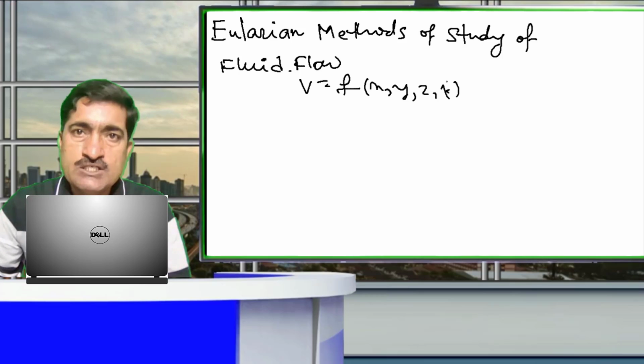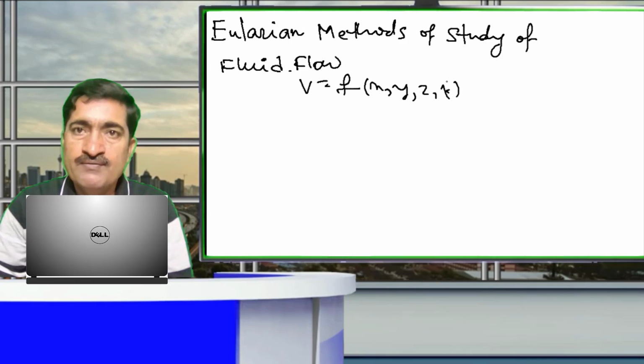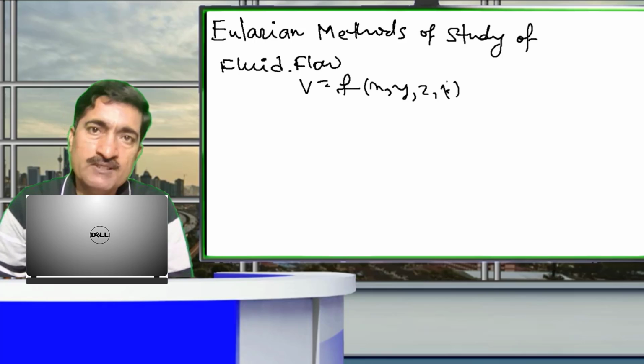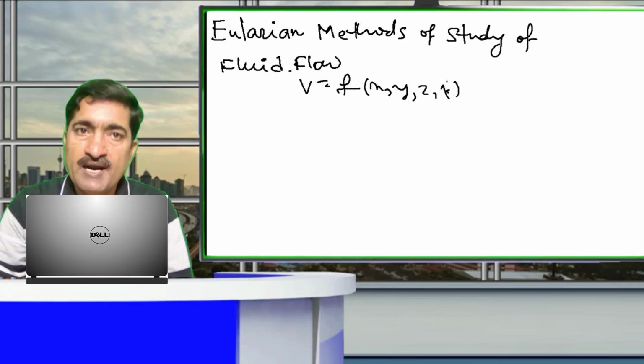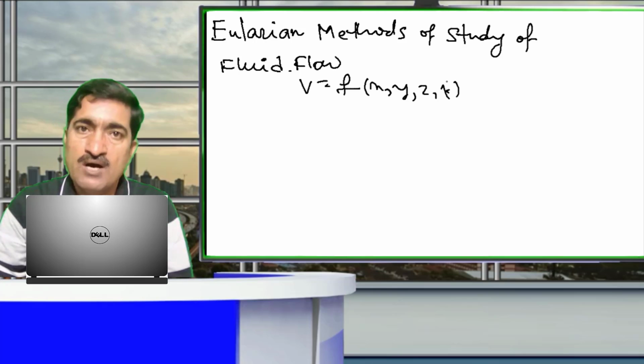Such an analysis provides a picture of various parameters at all locations in the flow field at different instants of time. This method provides an easier visualization of the flow field and is popularly used in fluid flow studies. However, the final description of a given flow will be the same by both methods.